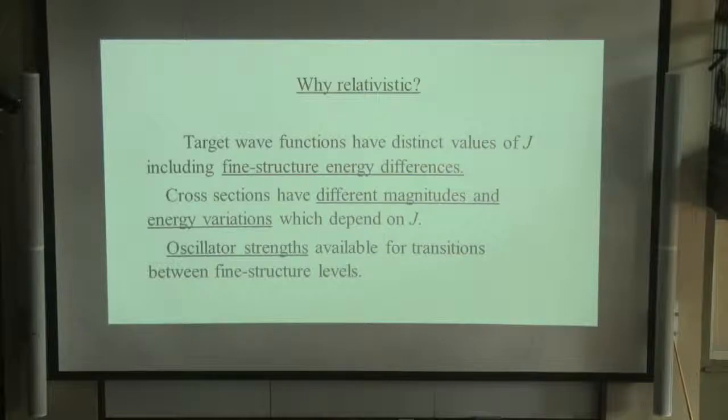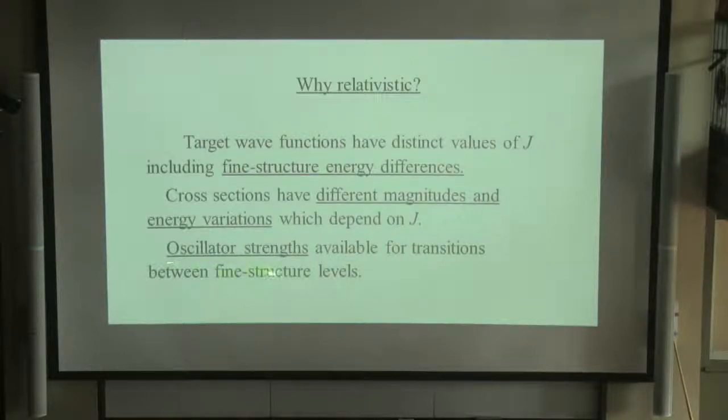And this also has an effect on the magnitudes and the energy variations of the transition. And so rather than simply an S to P transition, we have a J to J prime transition, and the relativistic distorted wave gives you very different magnitudes and energy variations, as I will point out.